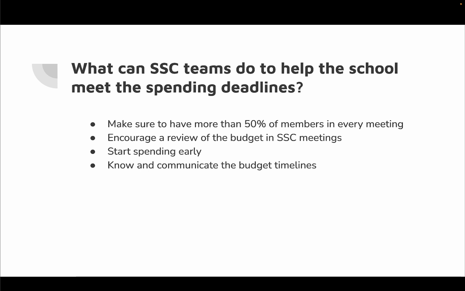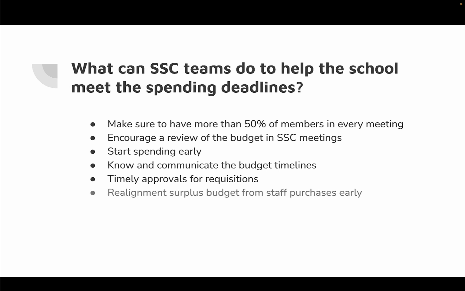We want to know and communicate the budget timelines, not only amongst our school teams, but also parents. Our team plays a role in that we want to have timely approval for requisitions. When a school requests requisitions that need to be approved, our office does our part to get those approved expeditiously.